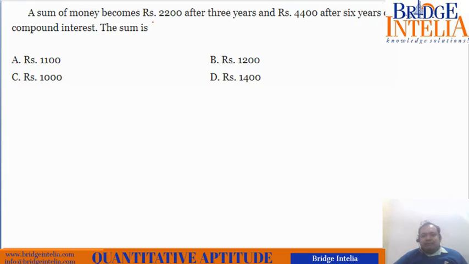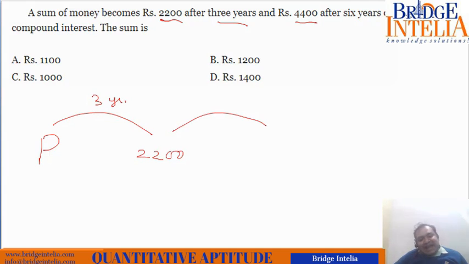A sum of money becomes this much after 3 years and this much after 6 years. That means you deposited P, after 3 years this became 2200. And exactly after 3 years from now, that means total of 6 years, this became this much.